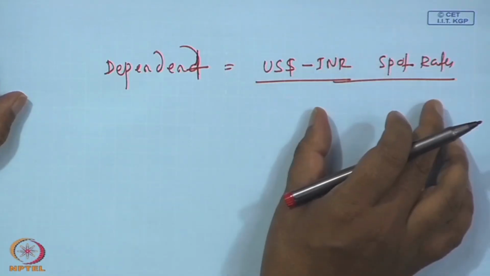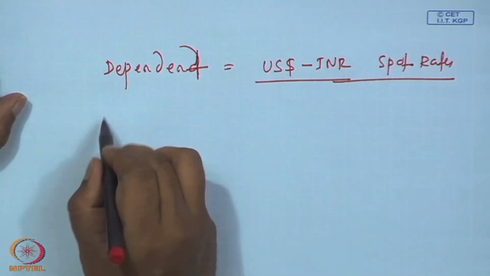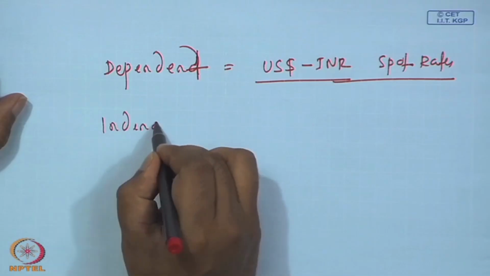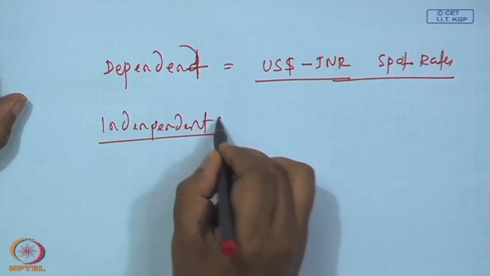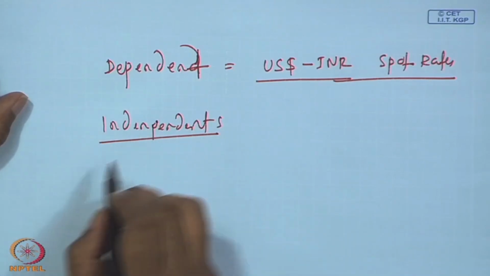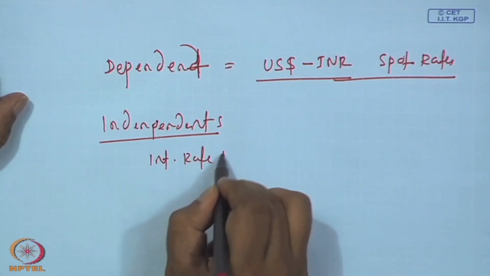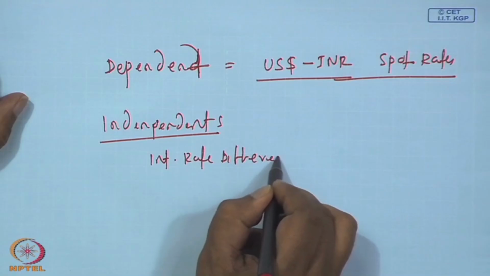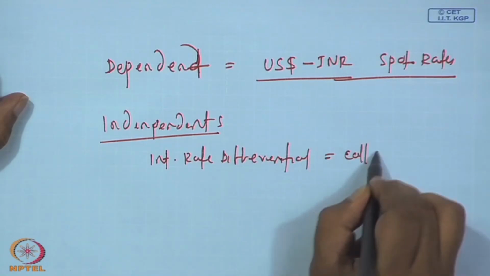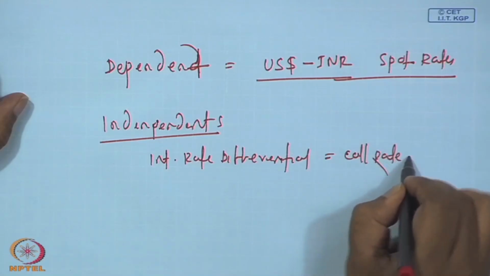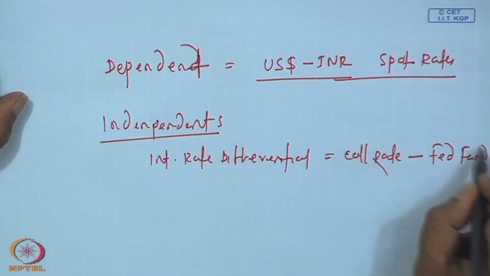I try to find which parameters influence the US dollar INR spot rate. And my independent variables I have mentioned here. Here the independent variable is the interest rate differential, that is your call rate minus the Fed fund rate, the US money market rate.